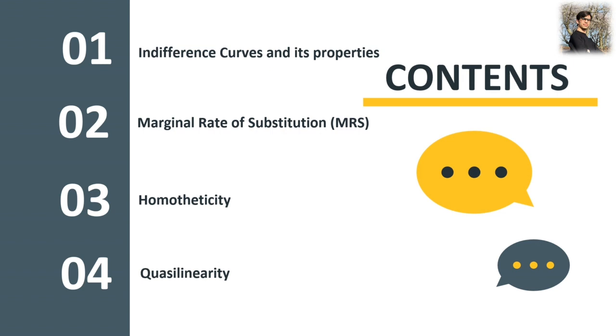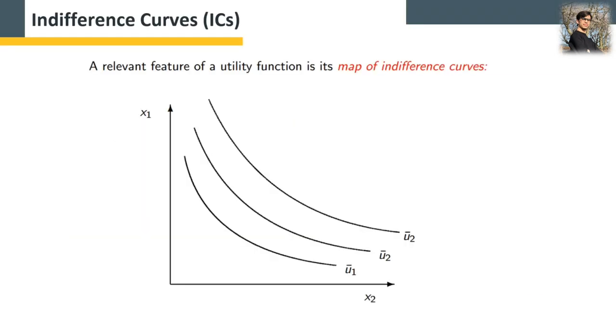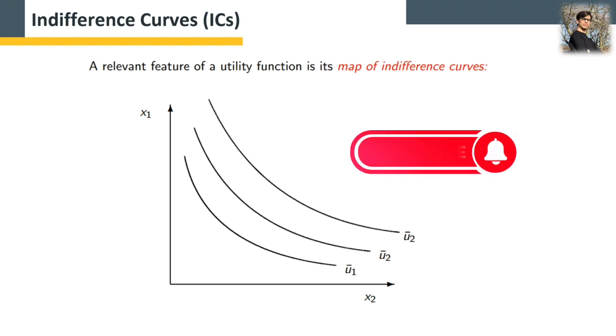Let's first cover the indifference curve and its properties. What's an indifference curve first of all? An indifference curve is the combination of different goods that provide exactly the same amount of utility.